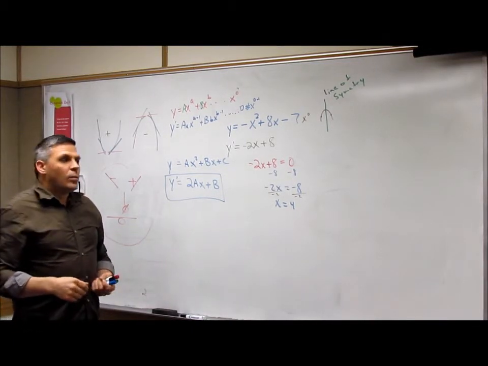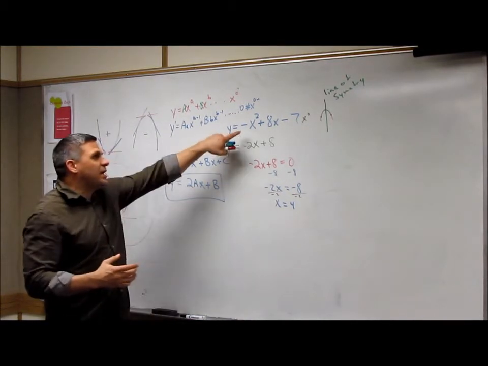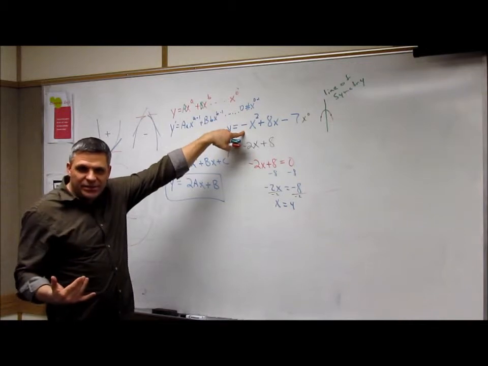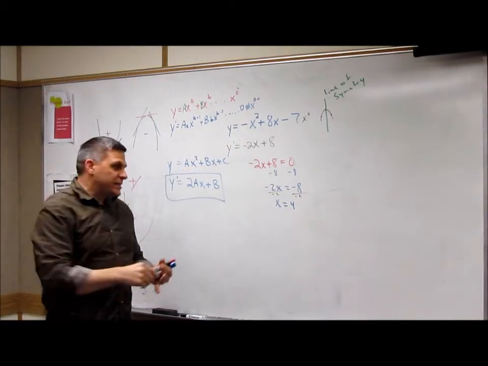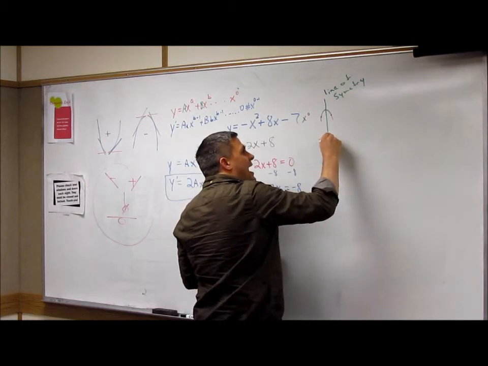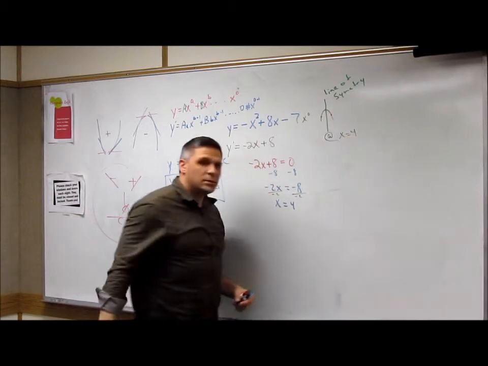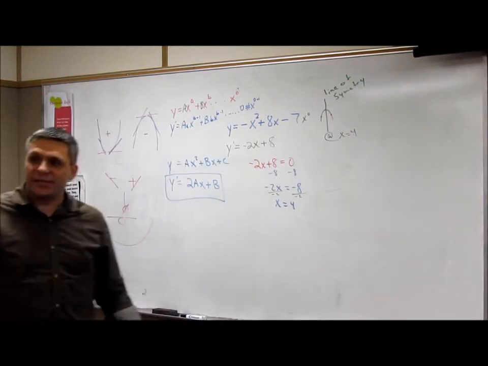Okay? What's y? Well, to find y out, I have to plug it into the original equation. But one thing I do know is that the line of symmetry is at x equals 4. That's where the line of symmetry is.